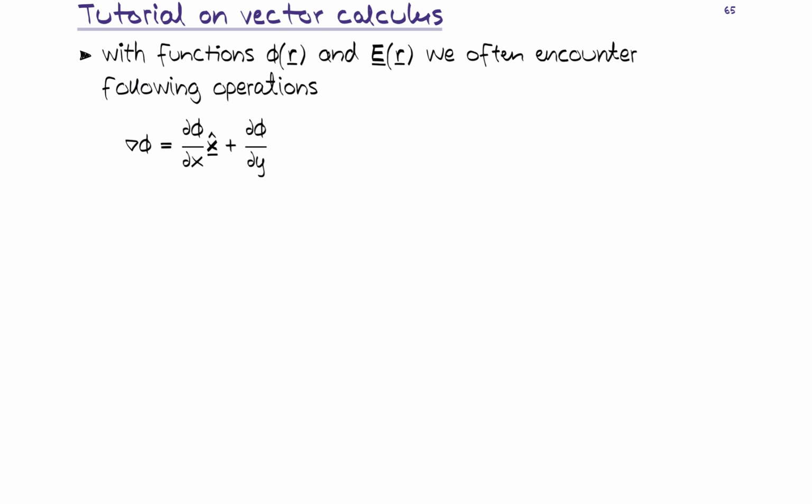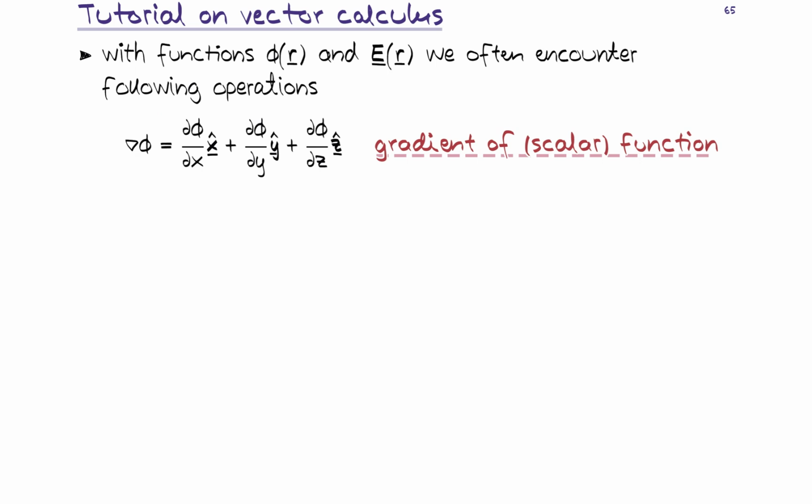And then I have a second component, I'm calculating the partial derivative of phi with respect to the y coordinate, and then this points along the y direction. And then the final thing, of course, is to calculate the partial derivative with respect to z, and that points along the z component. So gradient operator of a scalar function is being defined like this in a Cartesian coordinate system. And this gives me a vector valued function.